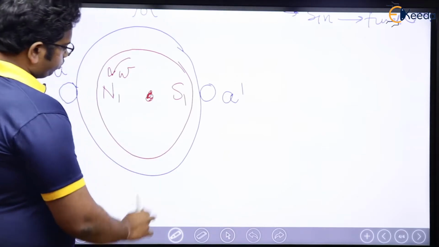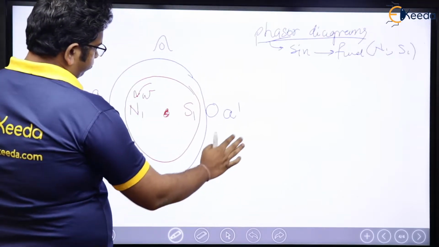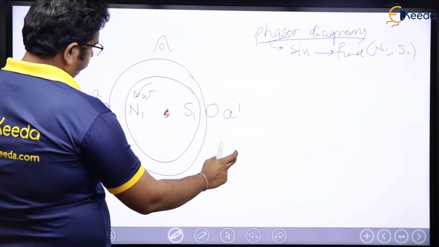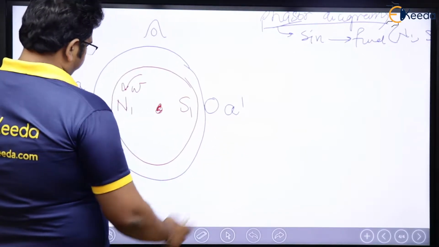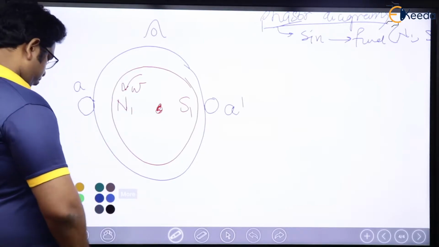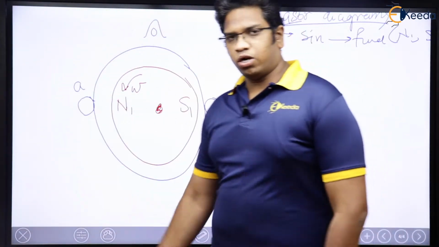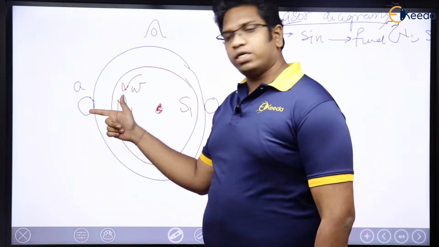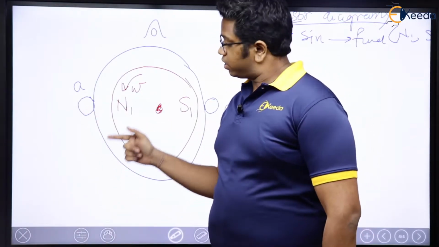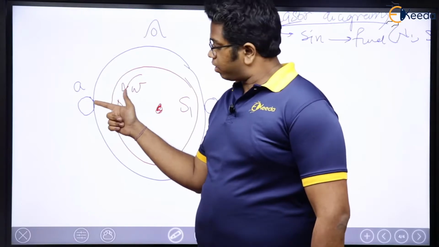Now see, what is going to happen here, sir? Since it is rotating in this direction, it is going to be north pole. If it is north pole in the sense, flux is going to be outwards. But what is going to happen?